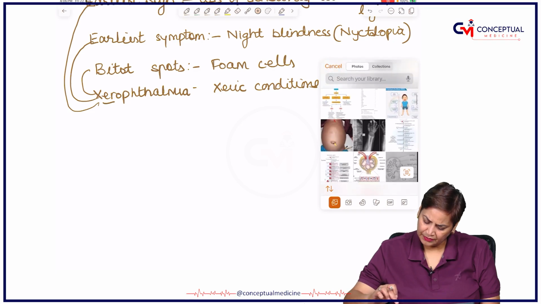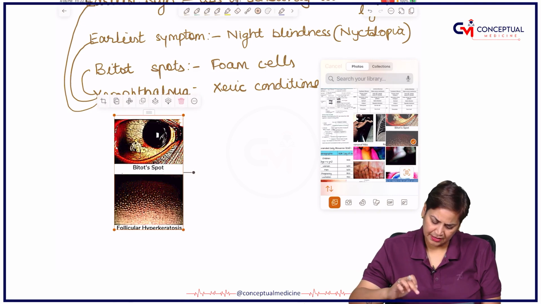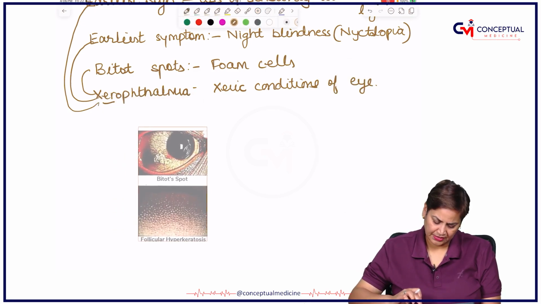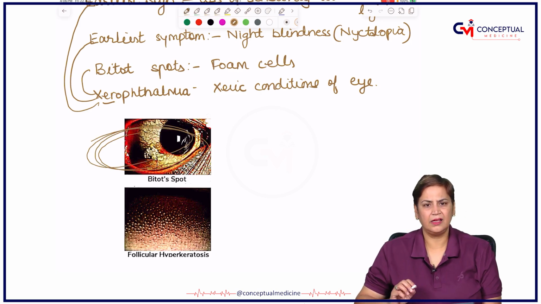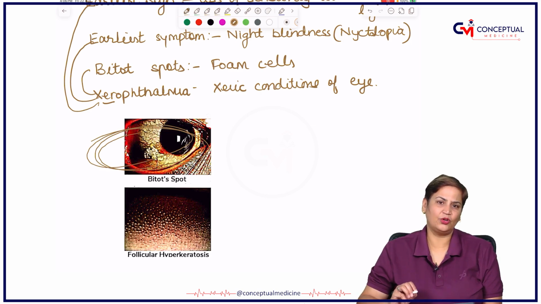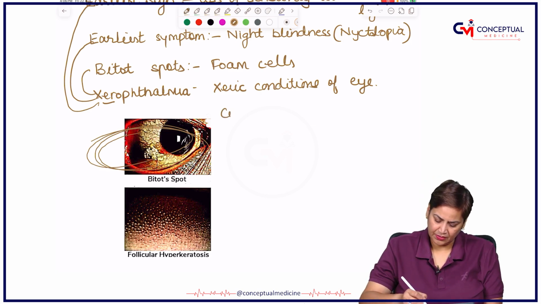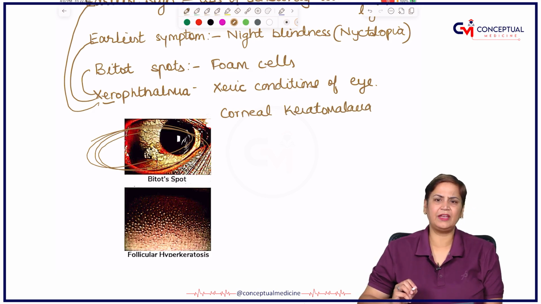This is how the eye will look like. These are the Bitot spots, you can see that. Excessive dryness in the eye leading to corneal vascularization, corneal keratomalacia is also there. So overall we refer to it as xerophthalmia.